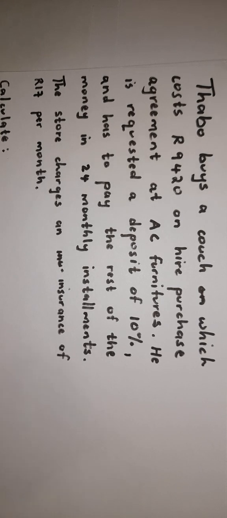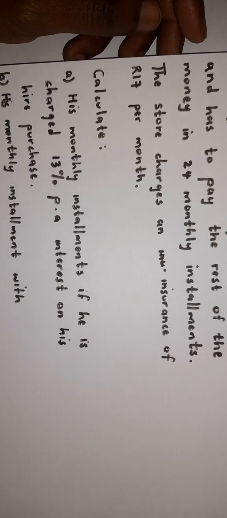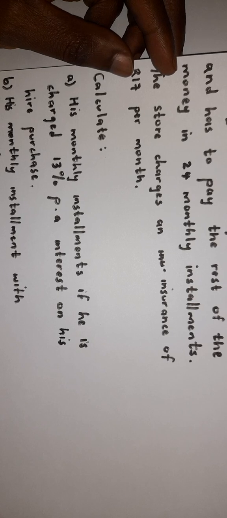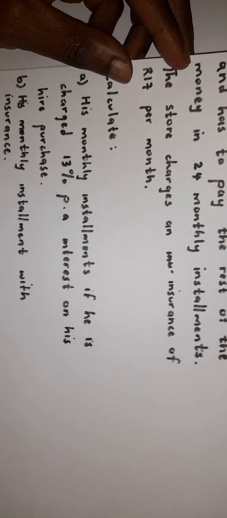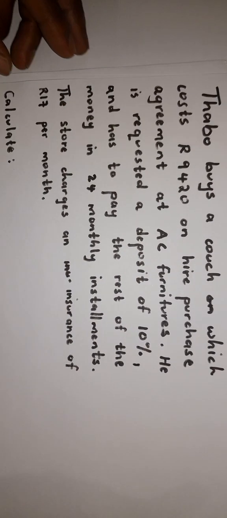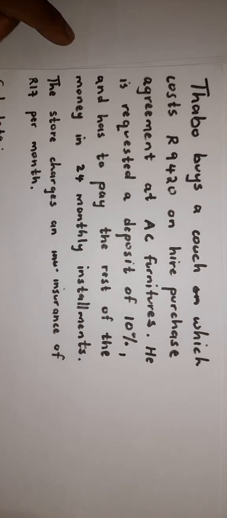The store charges an insurance of 17 rands per month. Question 1: calculate his monthly installments if he is charged 13% per annum simple interest on his hire purchase. The second question: calculate his monthly installment with the insurance. The first one we will treat without the insurance, and the second one with the insurance.